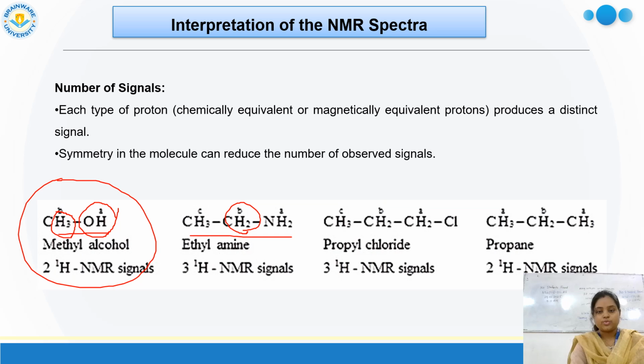Similarly in NH2, the two hydrogens experience the same chemical or electronic environment. So likewise, we first have to identify how many chemically equivalent protons are present in our compound. Then only that many signals will be obtained.